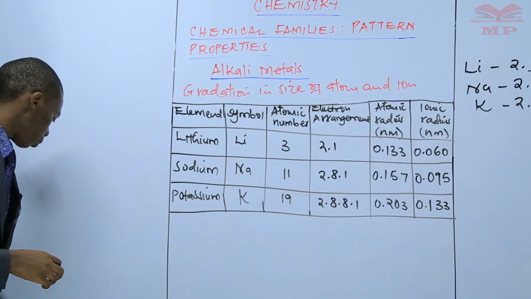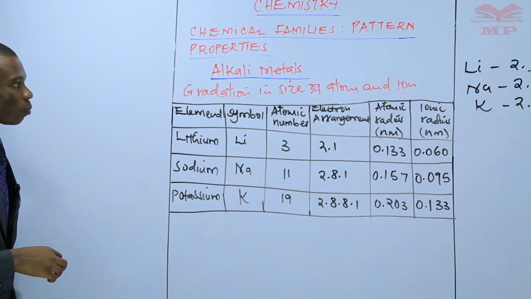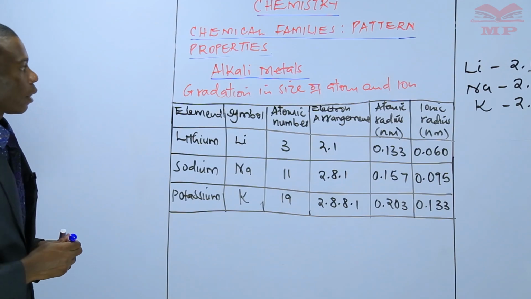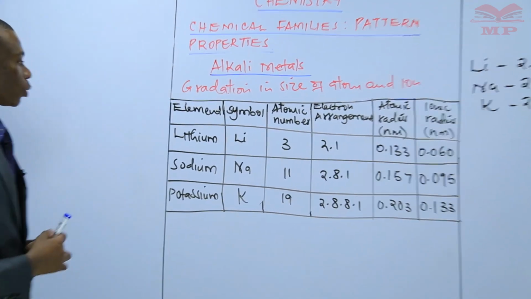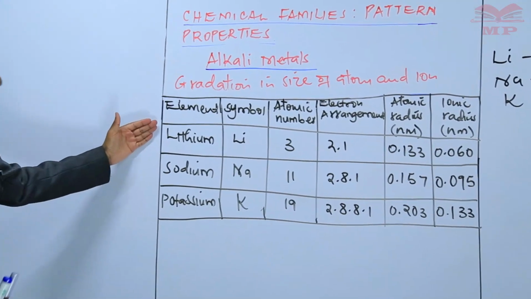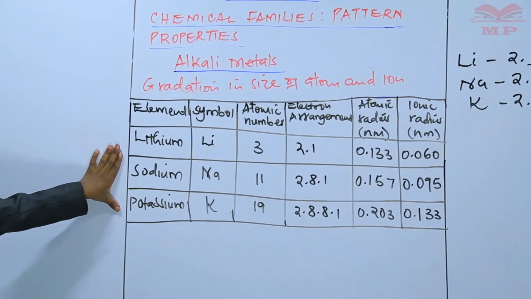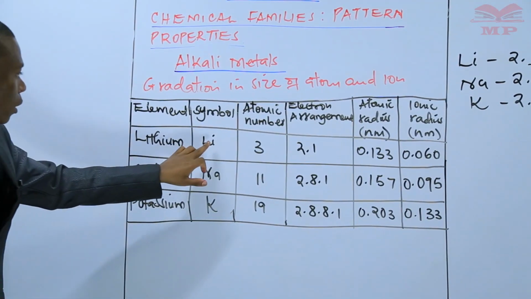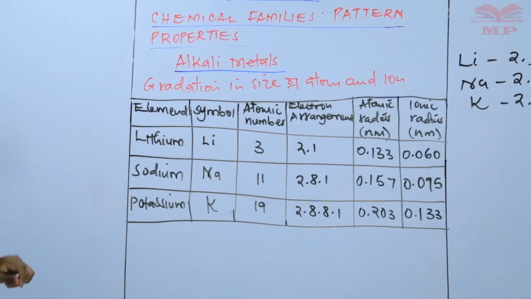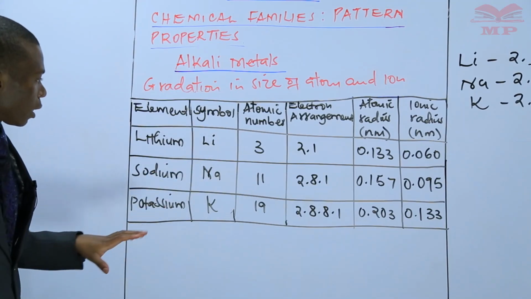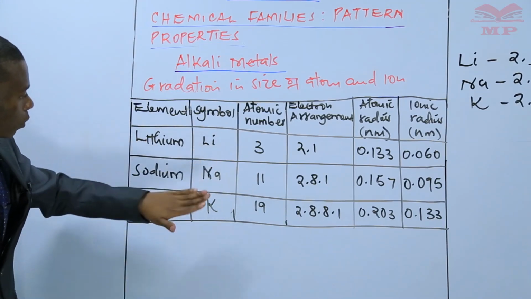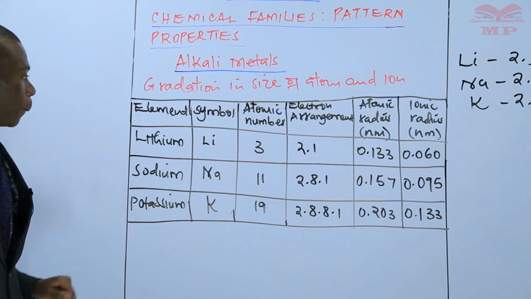I want us to look at the gradation in size of the atom and the ion of alkali metals. These are the alkali metals: lithium, sodium, and potassium. Then their symbols; the letters are not supposed to be touching one another. So we have Li, Na, and K.